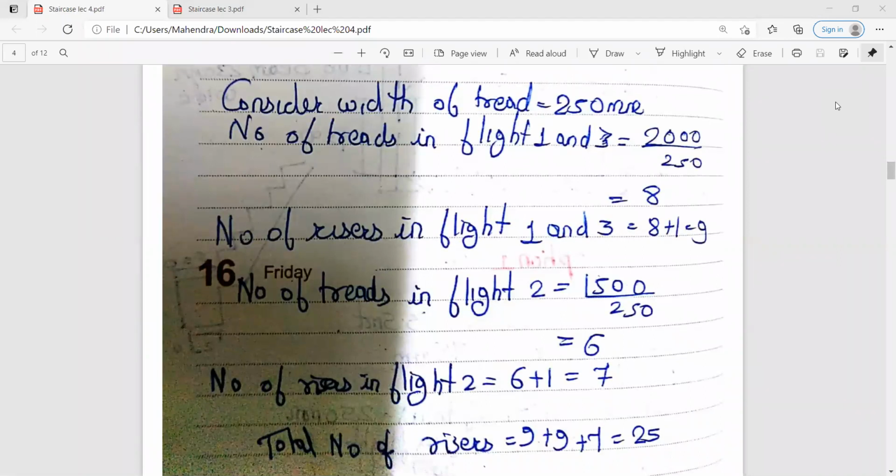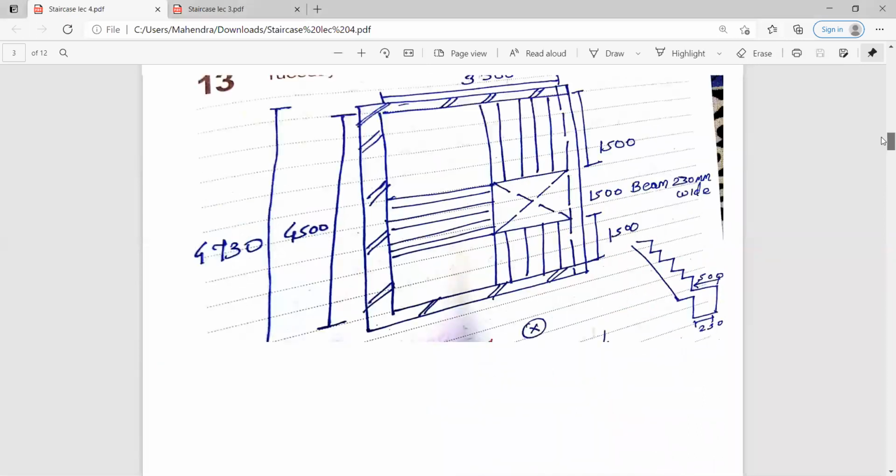So consider the width of tread. We are going to consider the width of tread as 250 mm. So the number of treads in flight 1 and 3. As you had seen, flight 1 and 3 will be on the same side. So the number of treads will be the same for the first flight as well as the third flight, and the number of treads and risers will be different for the second flight, because see the diagram.